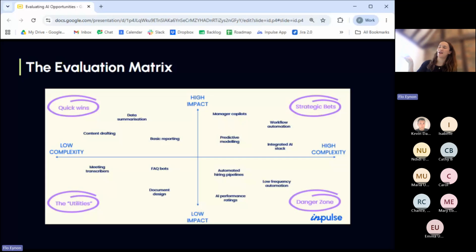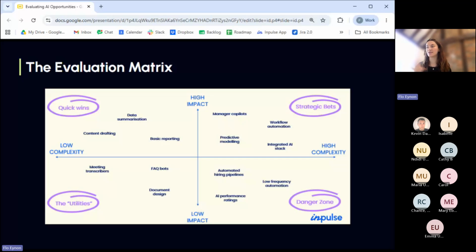Then on the right-hand side at the top, you've got strategic bets. These are ones that, again, are really high impact, but the complexity of implementing them is also high. They might be where the organization ultimately wants to go, but they need foundations, strong governance, good data, and they require a bit more of a rollout process and behavioral change as well.